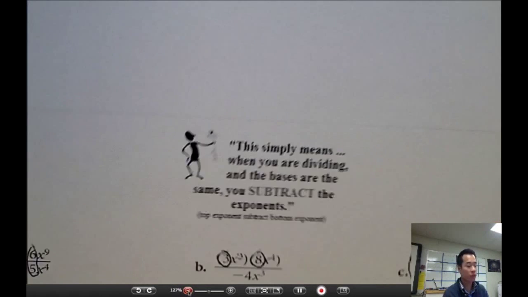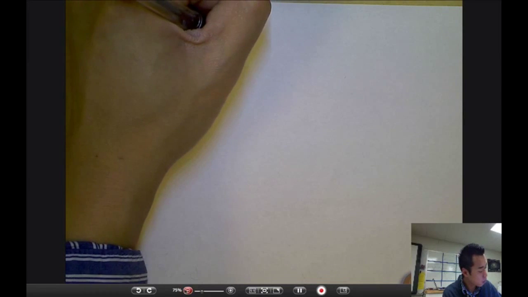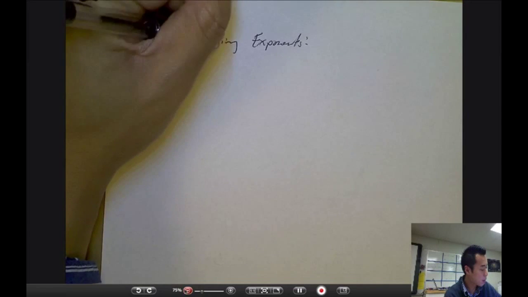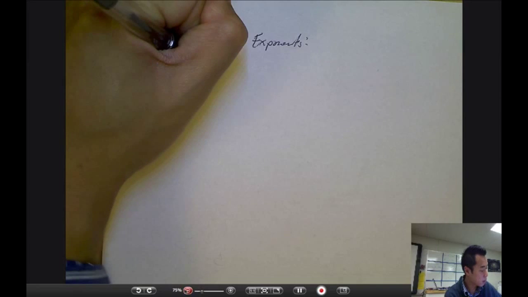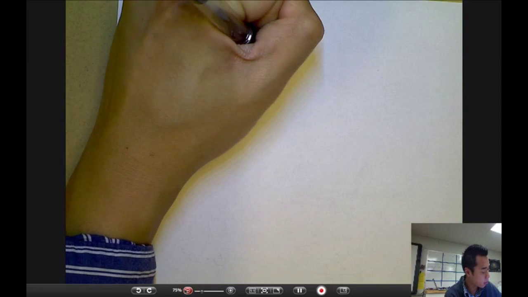Okay. So in review, I went over 3 things today. First, we went over multiplying exponents. Multiplying exponents, if they are the same base, for example, x to the third times x to the second, you just add their integer exponents, x to the fifth.